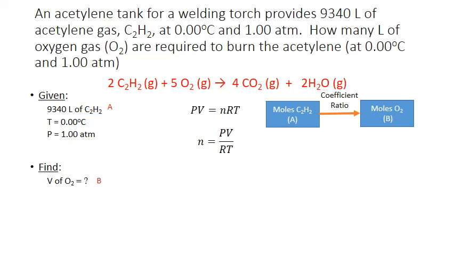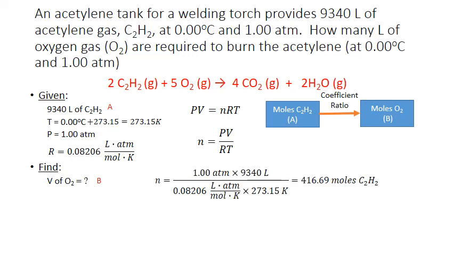So volume is in units of liters, pressure is in units of atmospheres, temperature does have to be in Kelvin, so we add 273.15 degrees to it, and of course we also need the ideal gas constant. We substitute all of these into our equation, and notice what happens to the units. Atmospheres cancels with atmospheres, liters cancels with liters, Kelvin cancels with Kelvin. We'll be left with moles.